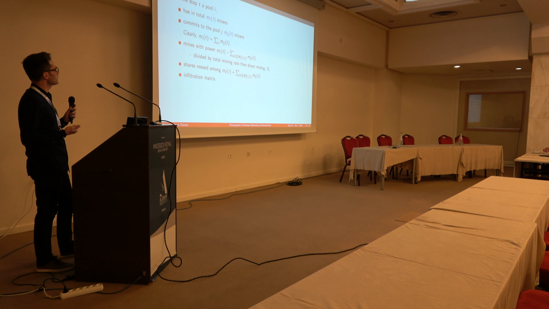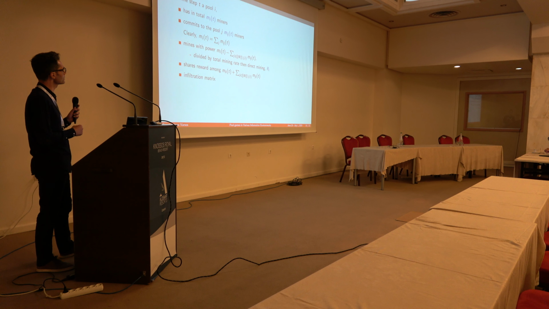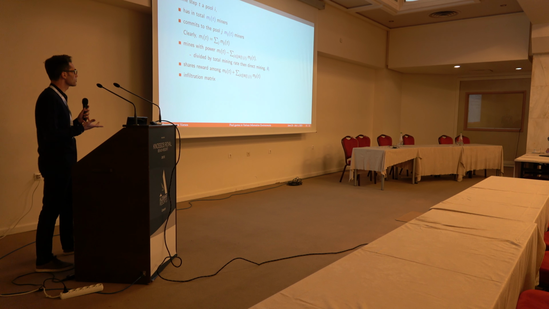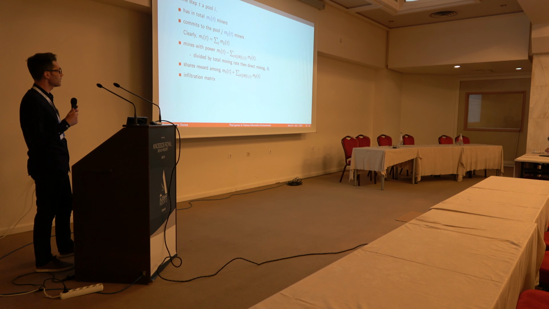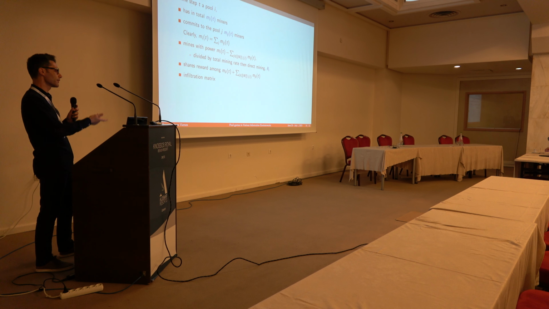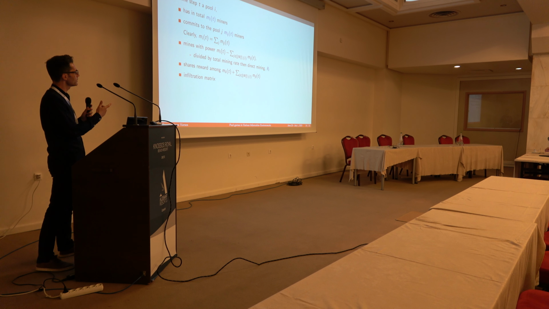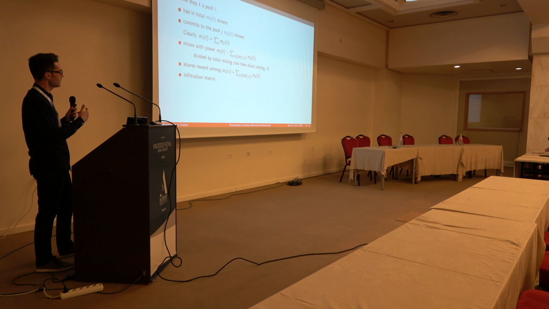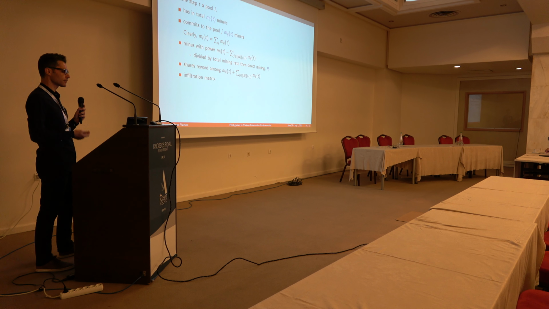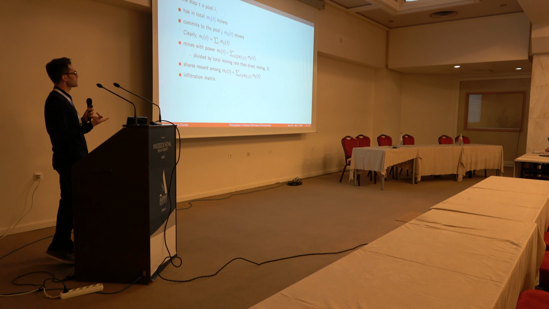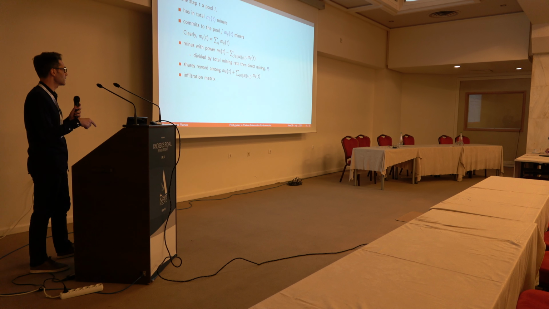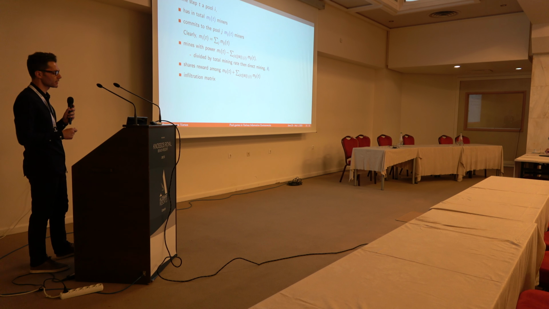Furthermore, at time step t, a pool i has in total m_i miners, commits to pool j m_ij miners, and mines with power the total miners that it has minus the miners that it commits to the adversaries. This is divided by the mining rate, which is a direct mining concept, and shares the reward among the miners that commit to itself, plus the miners that were committed to this pool by the adversaries.